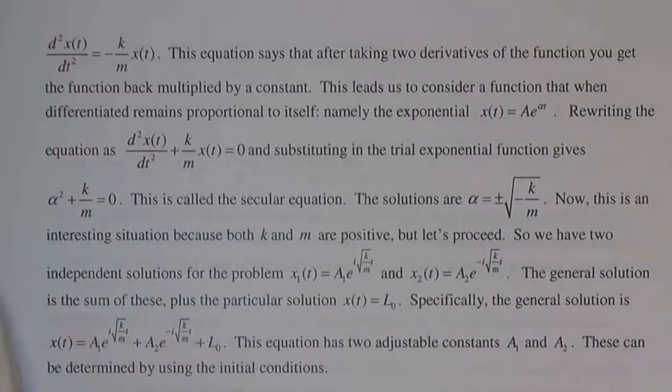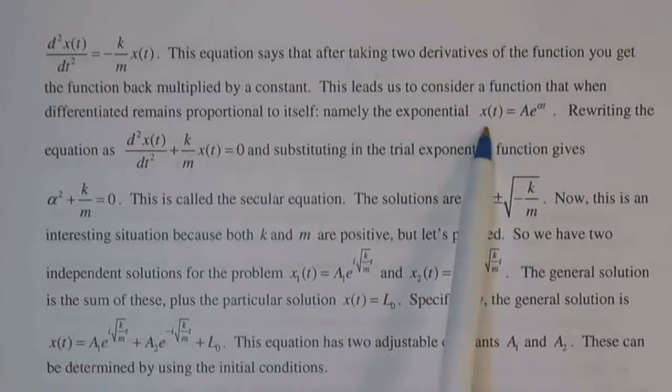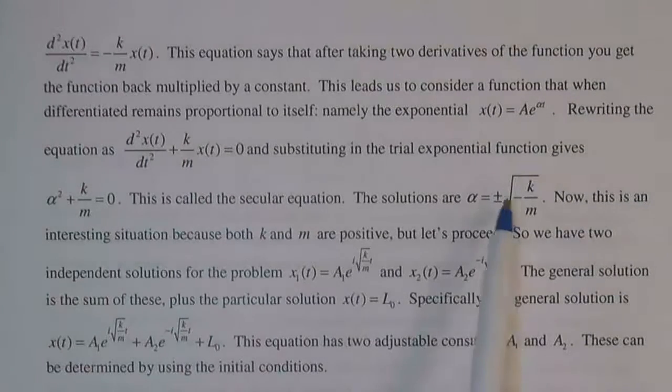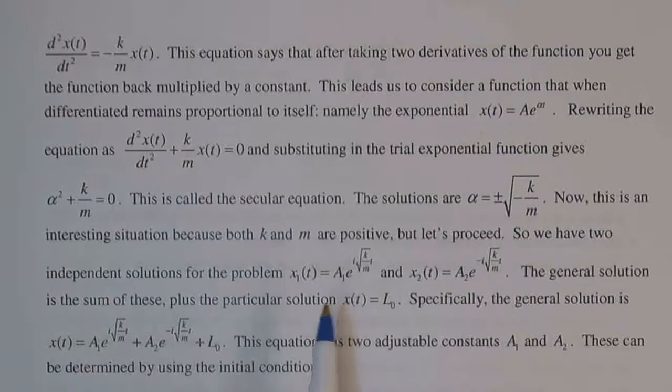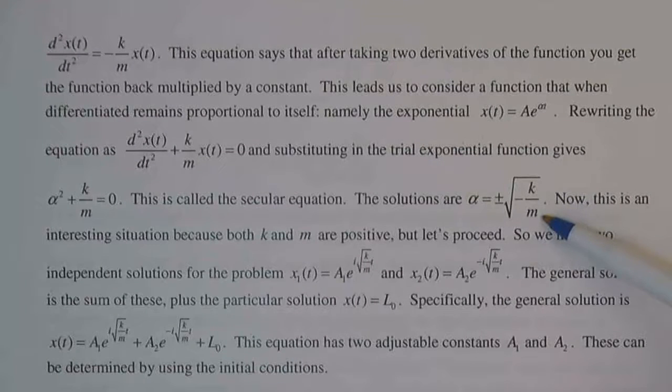This condition is satisfied when alpha is equal to the plus or minus square root of negative k over m. Okay? So if alpha is equal to either of these two values, then x of t is a solution. Either value is equally good, a plus or a minus, so we don't get to pick between that. Now, there is something that's interesting about this solution, and that is that k is the spring constant and m is the mass.